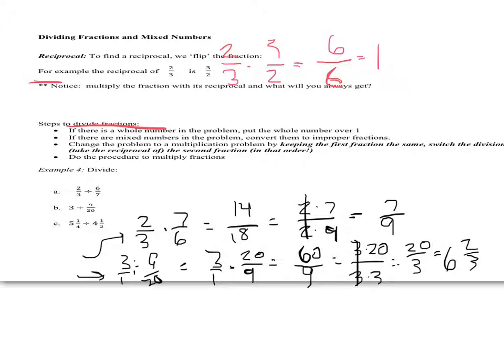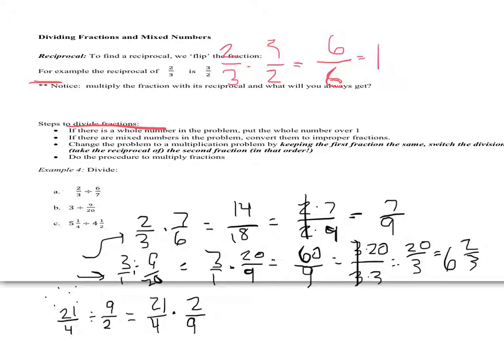Okay, so for 5 1/4, 4 times 5 plus 1 is 21/4, divided by 2 times 4 plus 1, 8 plus 1, is 9/2. So that's got to be the first step. Change the mixed numbers to improper fractions, and now we can rewrite our division as multiplication. Keep the first fraction the same, change the division to multiplication, and take the reciprocal of the second fraction.